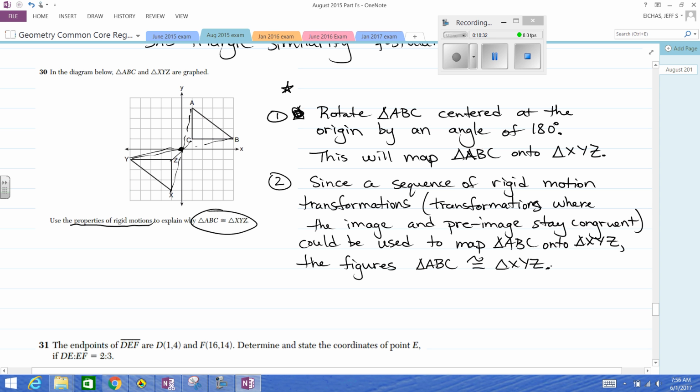And that's basically it. The only ones that won't are dilations or stretches. And you might want to note this, a rotation is just to be safe, a rigid motion transformation. All right.